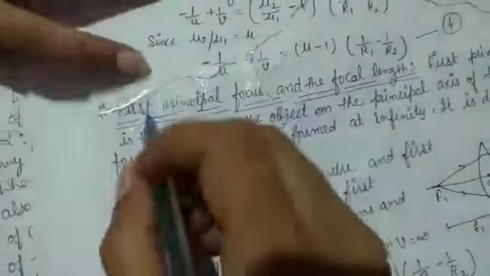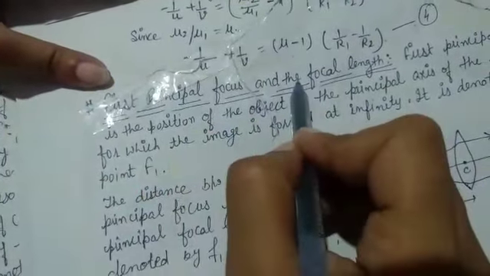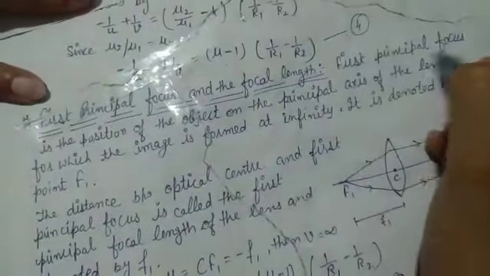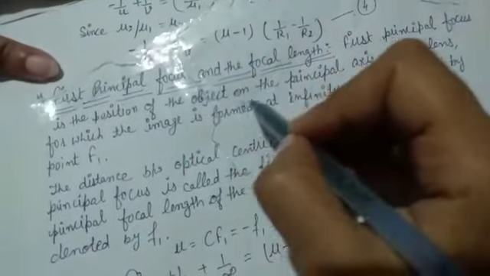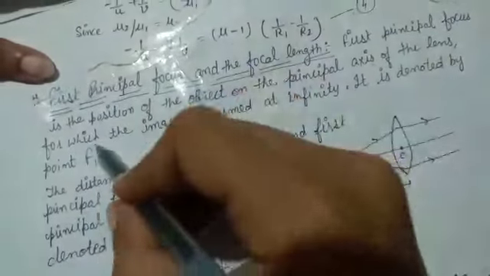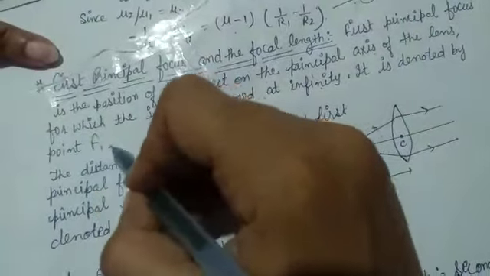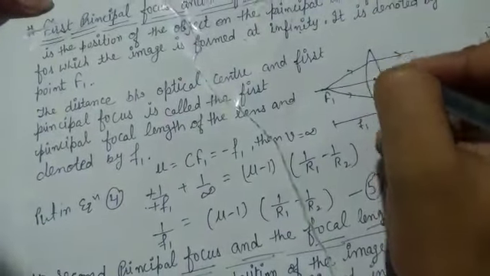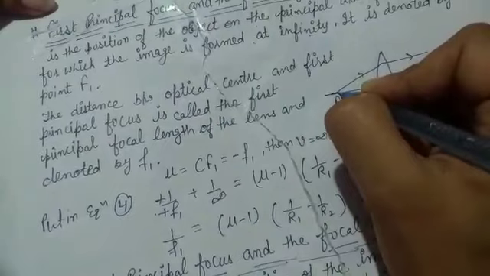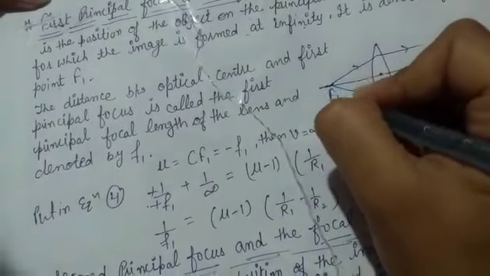Now we consider the first principal focus and focal length. The first principal focus is the position of the object on the principal axis of the lens for which the image is formed at infinity, and it is denoted by point F1. In this case we consider the object situated at the focus point.